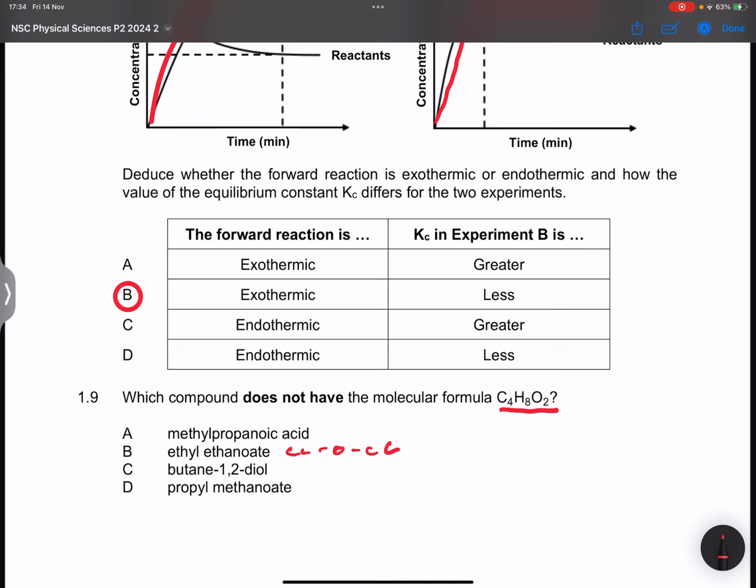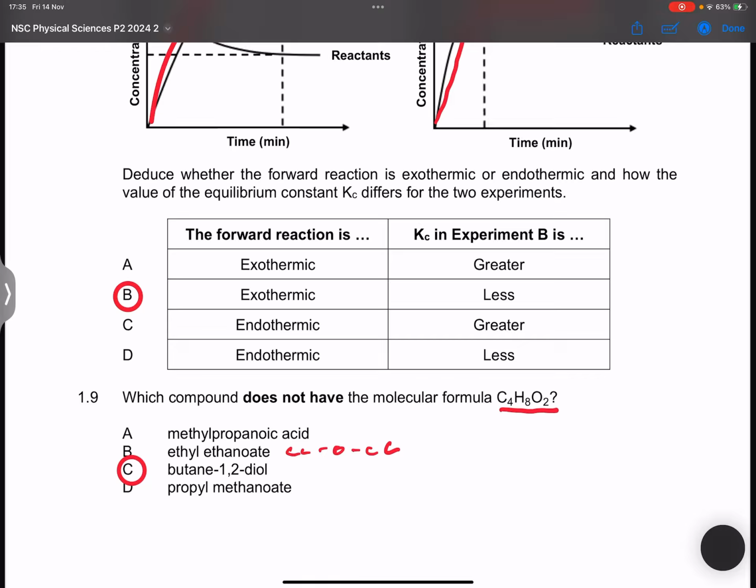A butane 1,2 diol. Okay, and in fact that was supposed to be butyl 1,2 diol, but be that as it may, it is an alcohol, so it cannot have that formula, right? Even if it has 2 OHs, it will not have that formula.